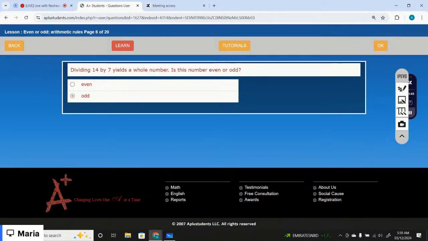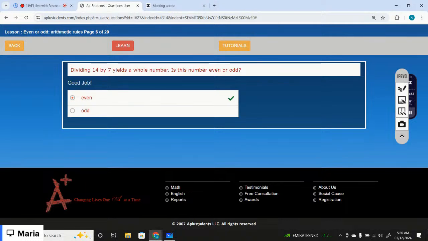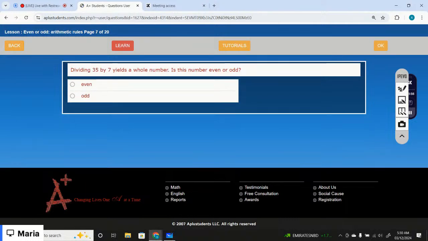Even it is. 14 divided by 7 is 2. You are dividing an even number by an odd number. 14 is an even number and 7 is an odd number. So the answer must be even.